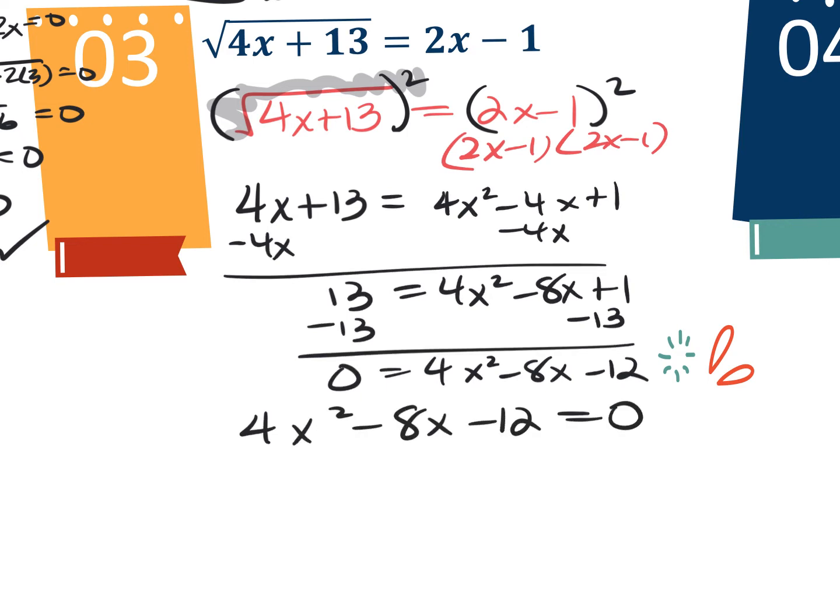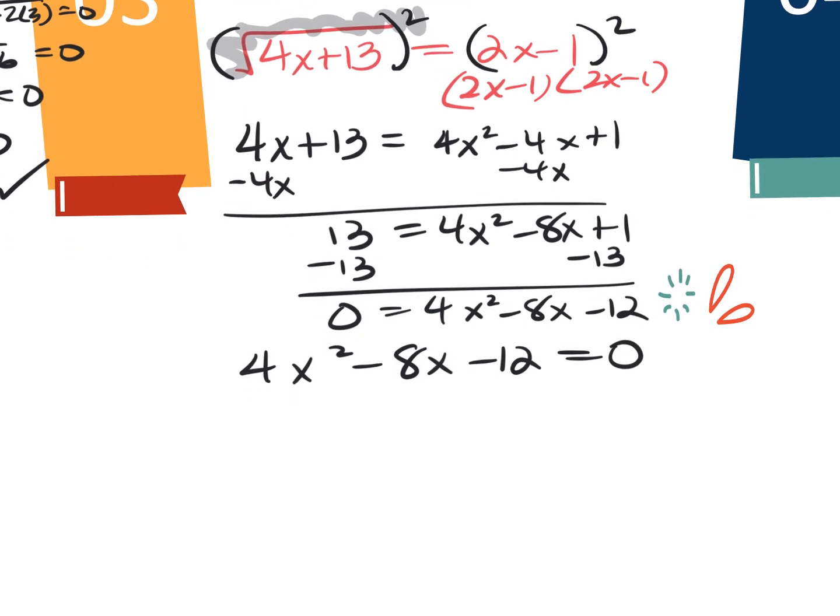Now, at this point, you can either factor it, quadratic formula, completing the square. I notice that all three terms have a GCF. I'm going to divide them all by 4. So 4, and then I'm left with x squared minus 2x minus 3 equals 0. Now I have a nice, easy trinomial that I can factor. Factors of negative 3 that give me negative 2.